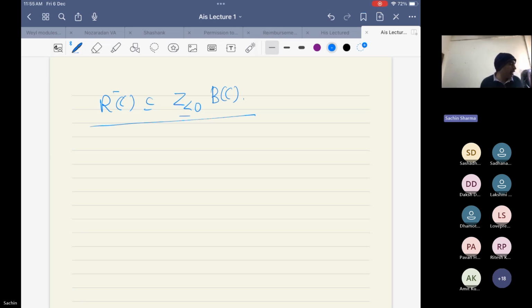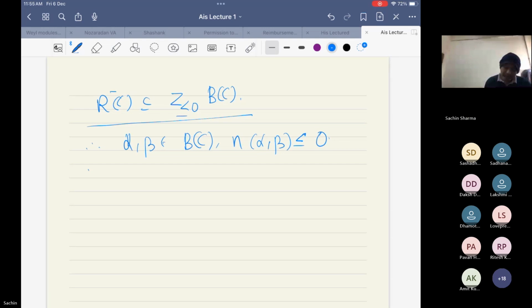I want to make some more noise about a very extremely important property. What we have come to know: suppose alpha and beta belong to B of C, then n of alpha beta is less than or equal to 0.